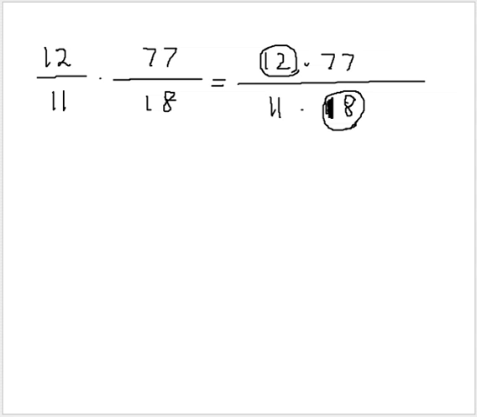Let's divide both of them by 2 first. What do you get when you do that? You said you get 6 over 9. Very good. So if I divide by 2, this becomes 6, 2 times 6 is 12, and this becomes 2 times 9 is equal to 18.